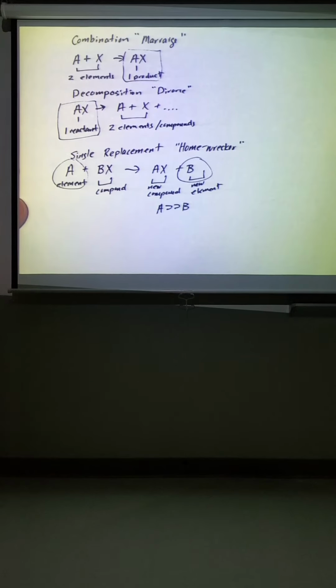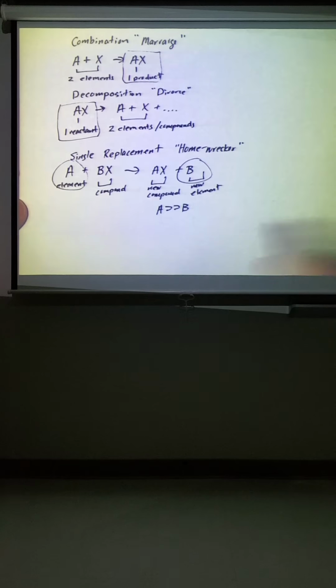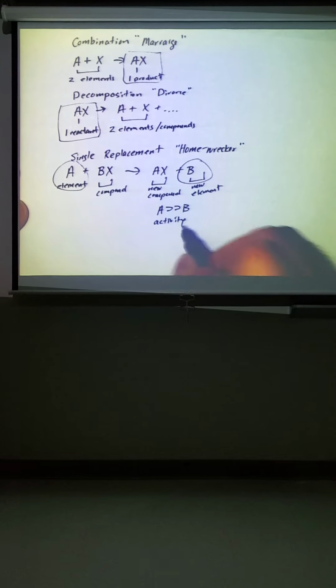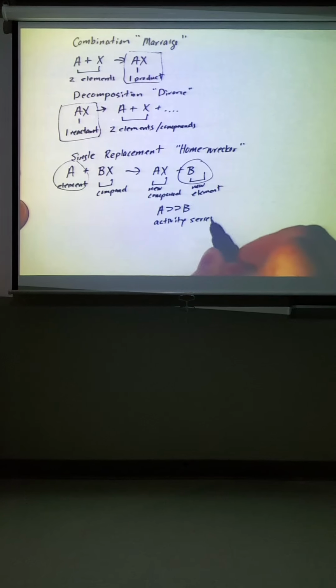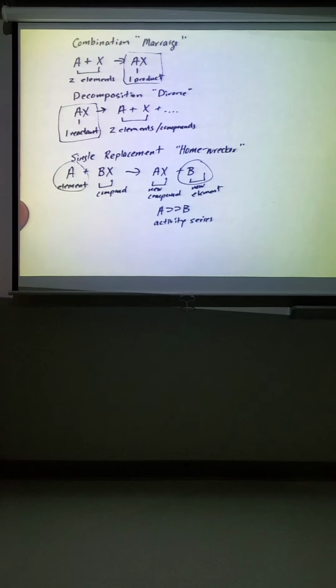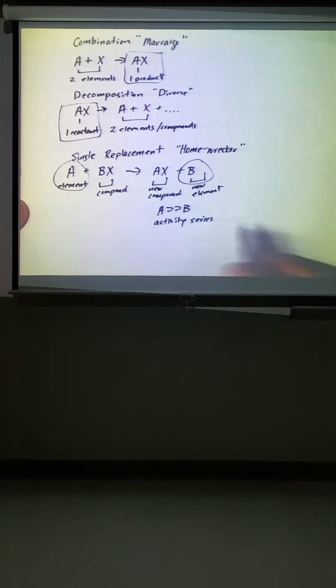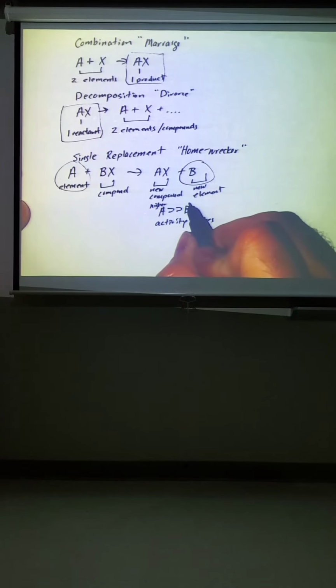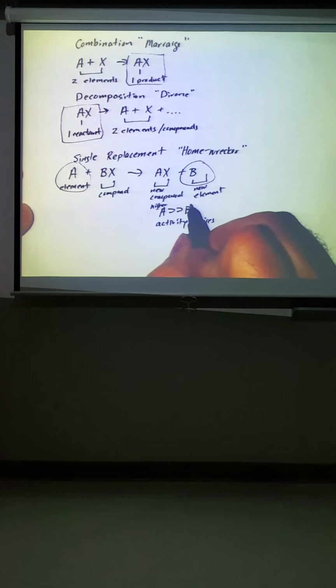Be more security in that kind of situation. So for us, we're looking at metals and activity series. We have an activity series that we'll give you and let you use on the exams and the homeworks, and it's in some of our labs coming up. That activity series, we want A to be higher on that list than, say, B.